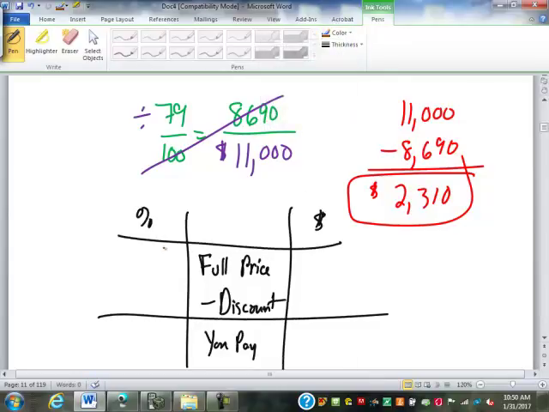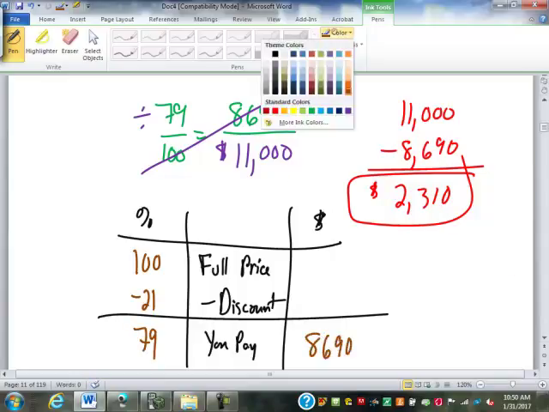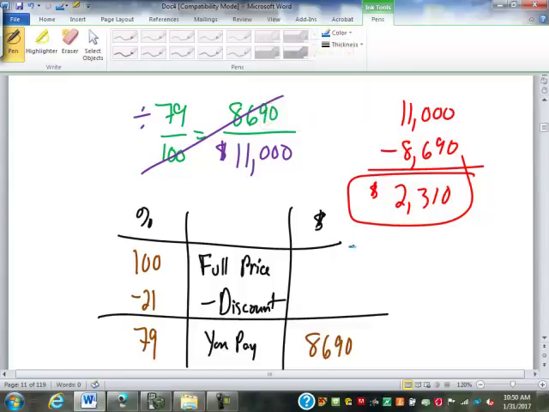Well, we have 100% minus the 21% gives us 79% here, right? We use the 79% up above. We know the $8,690 goes here. What we found was this, because that's the 100%. But what we wanted was this number right here, and we could have found it directly.